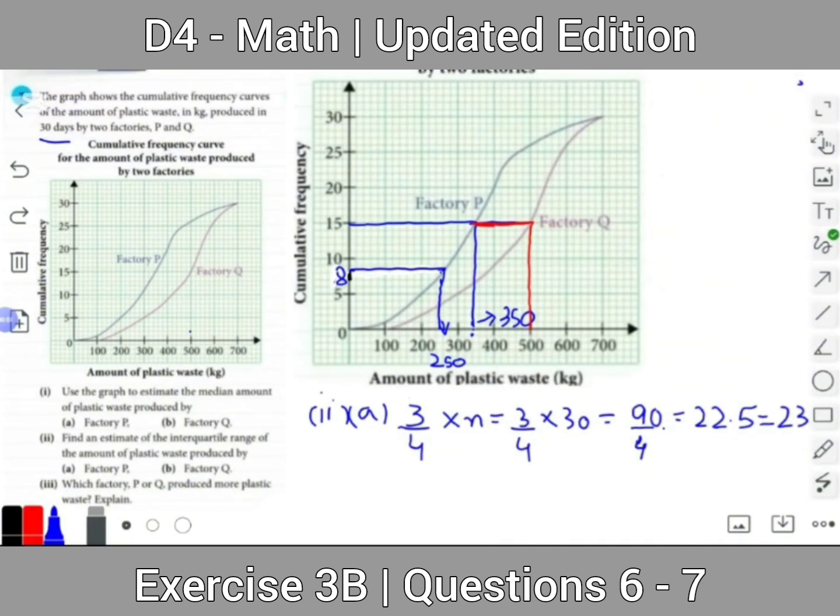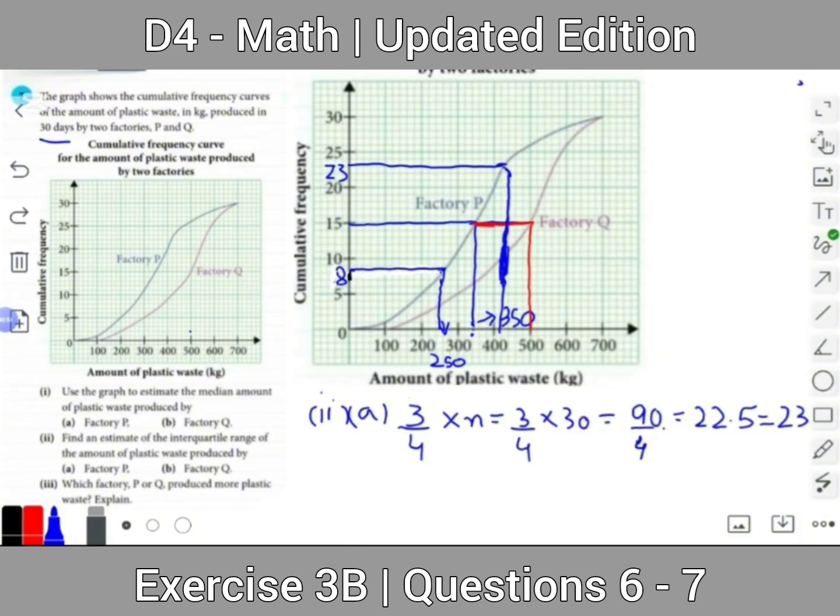Now from 23 here we have 20, 21, 22, 23. Now from 23 we will draw a horizontal line until it touches the cumulative frequency curve representing factory P, and from the point of intersection on the curve we will draw a vertical line until it cuts the x-axis.